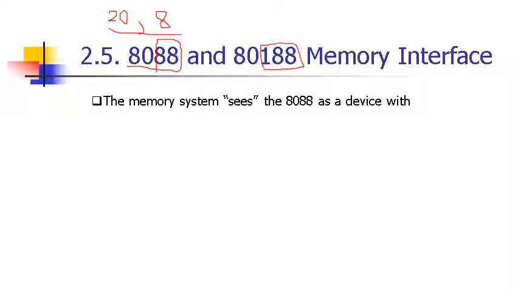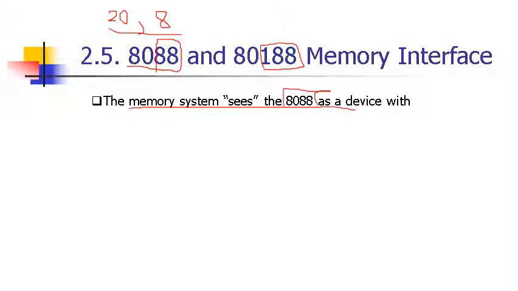Regarding the 8088 series, 8088 and 188, the address bus is a 20-bit address bus and the data bus is 8. So the memory sees these processors, especially 8088, as such.